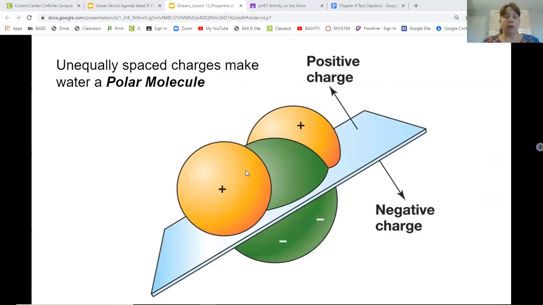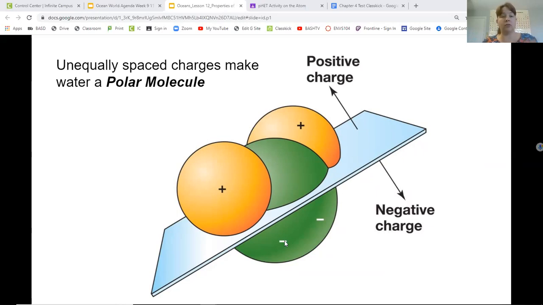A polar molecule has a positive region and a negative region. Okay, so polar just means opposites. And you can see here that the hydrogen end is slightly positive, whereas the oxygen end is slightly negative. This is also called a dipole, di meaning two and pole meaning ends.